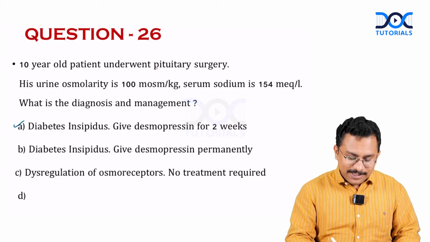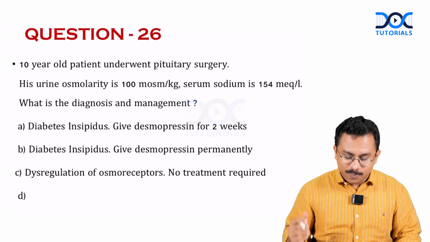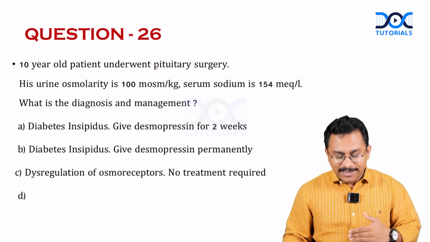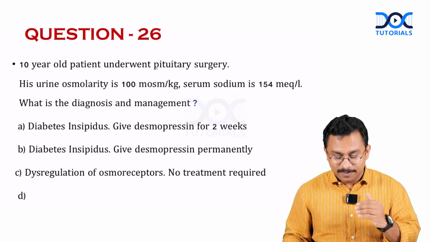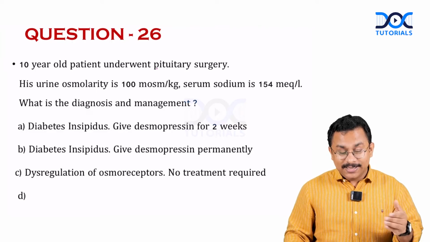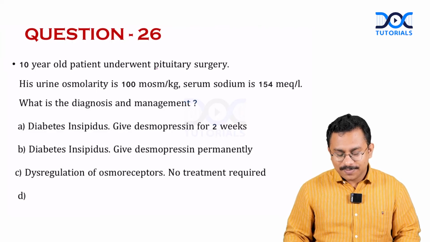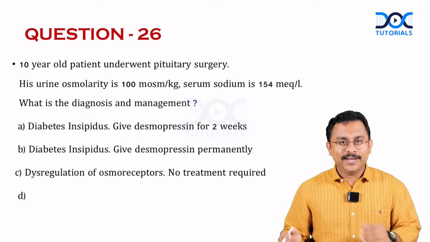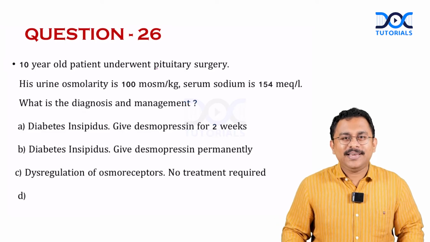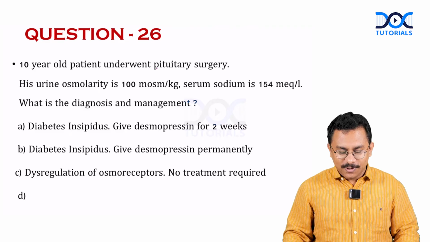Option A, diabetes insipidus and give desmopressin for 2 weeks. Option B, diabetes insipidus, give desmopressin permanently. Option C, dysregulation of osmoreceptors being the diagnosis and that no treatment is required. I could not get the fourth option from the student record.